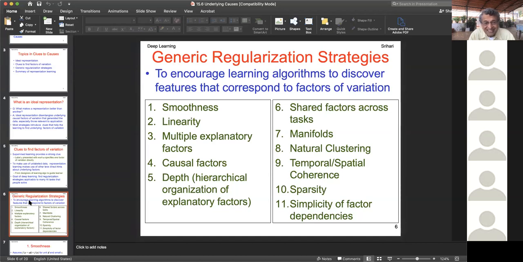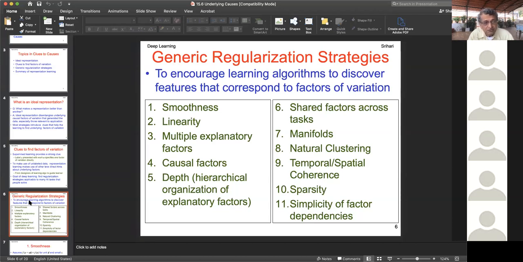Then the concept of linearity, multiple explanatory factors, causal factors, depth, hierarchical organization of explanatory factors, and shared factors across tasks.